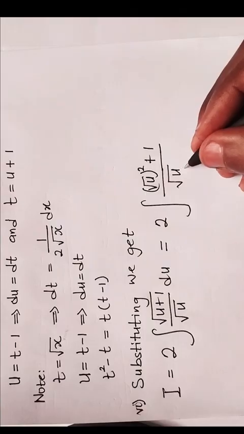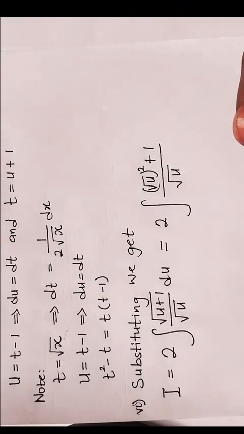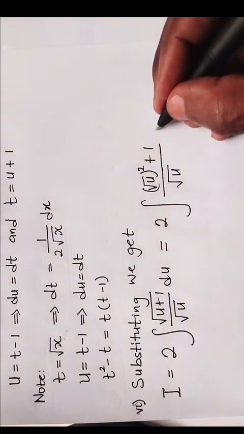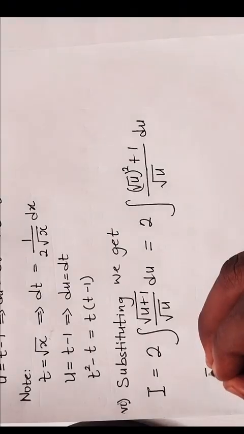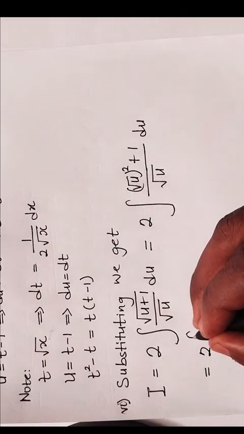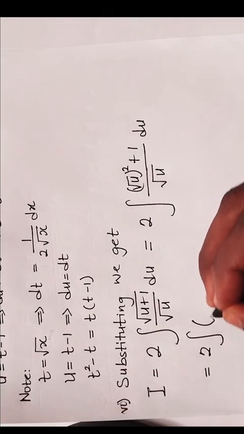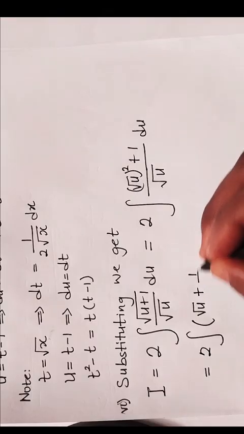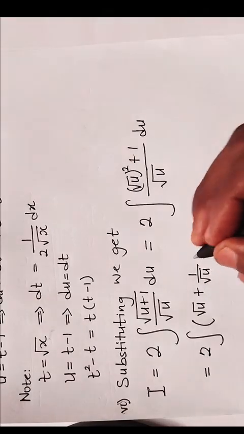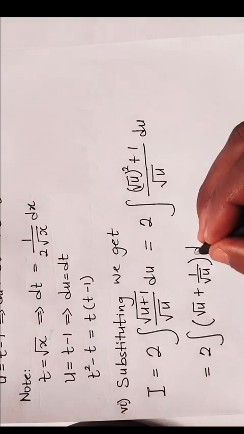That means we brought this out. Then du, which is also equal to 2 times the integral of square root of u plus 1 over square root of u, du.